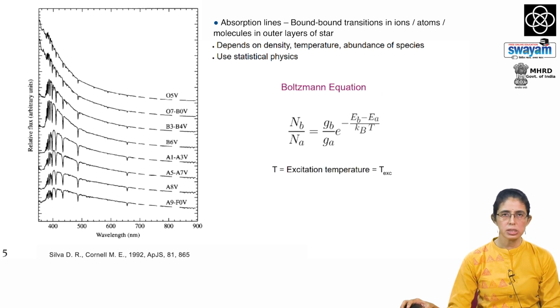One also uses the Boltzmann equation. The Boltzmann equation relates the ratio of populations in different energy levels of an atom or atomic system. And here G_b and G_a represent the statistical weights of the levels B and A. And the temperature defined in this way is known as the excitation temperature.